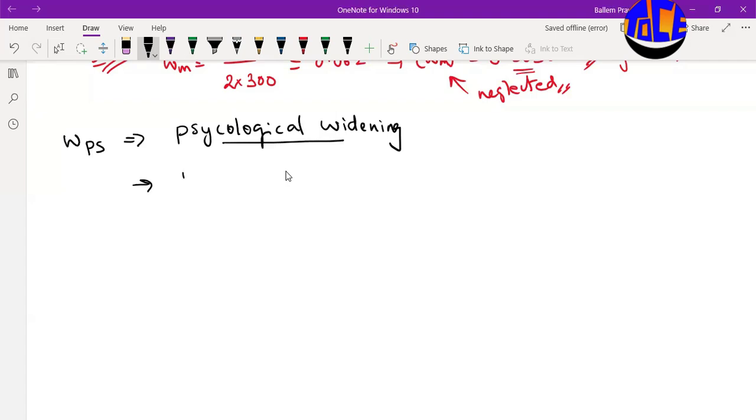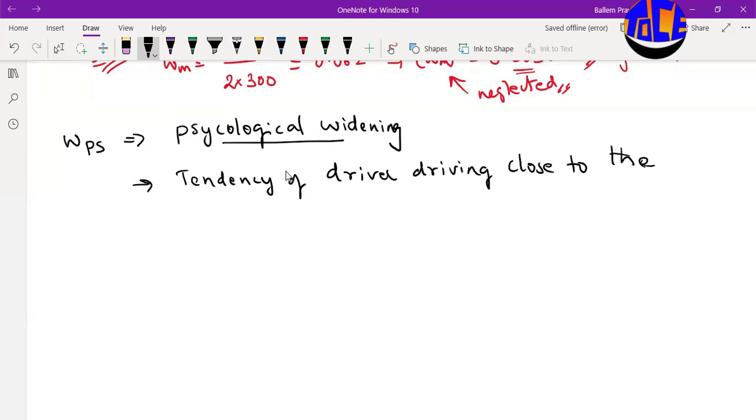Usually there is a tendency of the driver to drive close to the outer edge of the curve, in order to have a better view of the other side and to avoid a collision from the opposite vehicle.